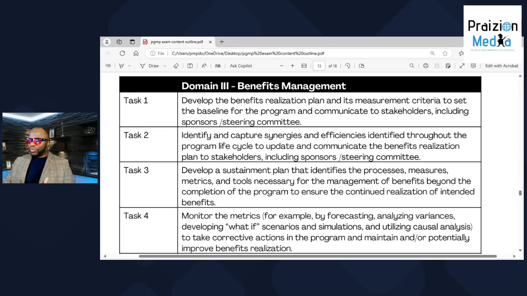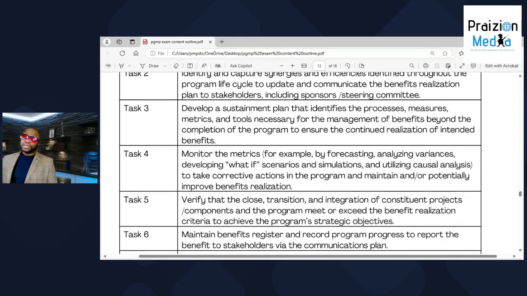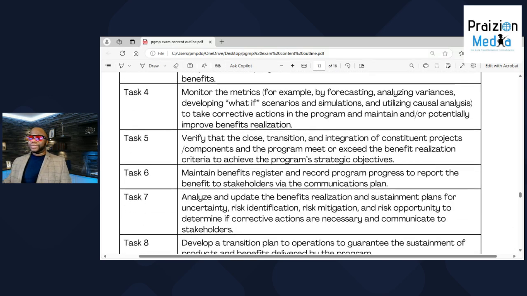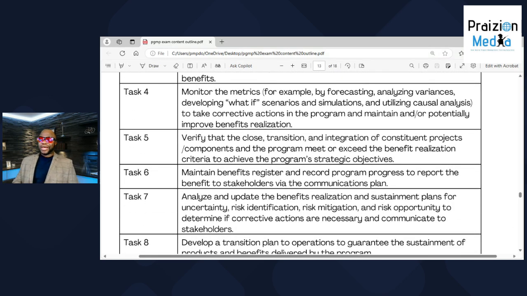So this is really one of an opportunity mindedness and benefit mindedness. Number three, develop a sustainment plan that identifies the processes, measures the metrics, so that when you transition whatever has been done to the client, there is a sustainment of the benefits, continued realization of intended benefits. So, whenever that transition happens. Number four, monitor the metrics.